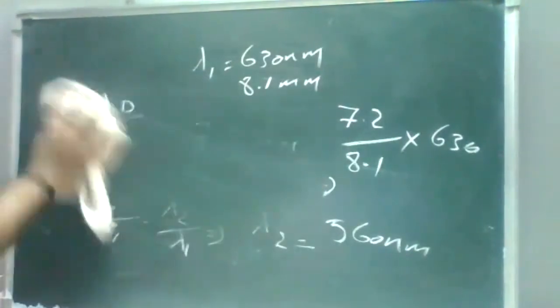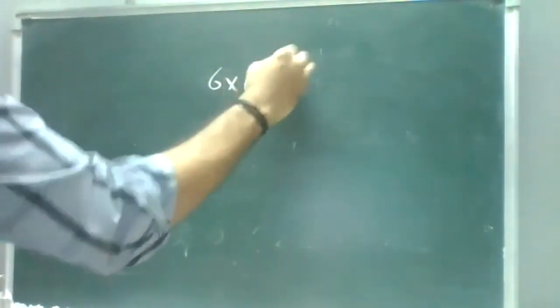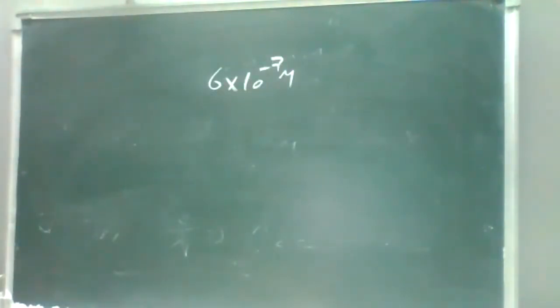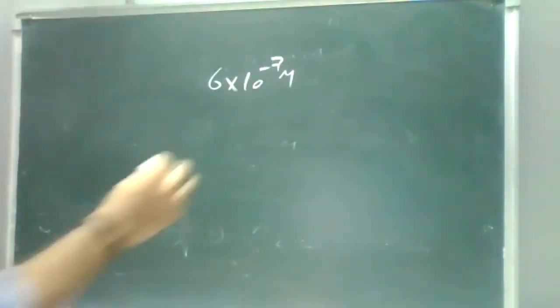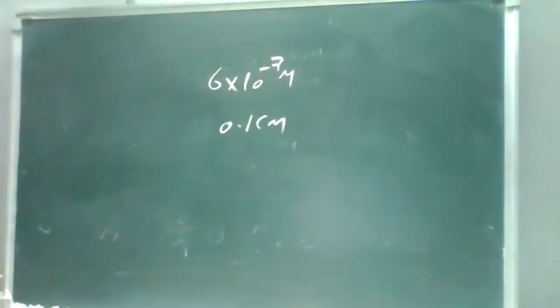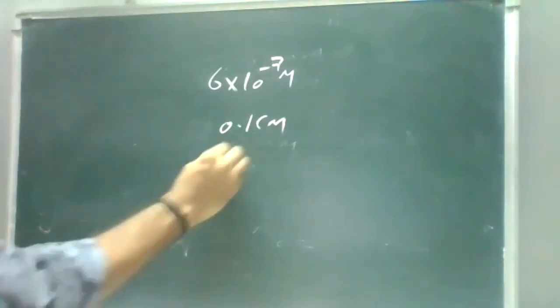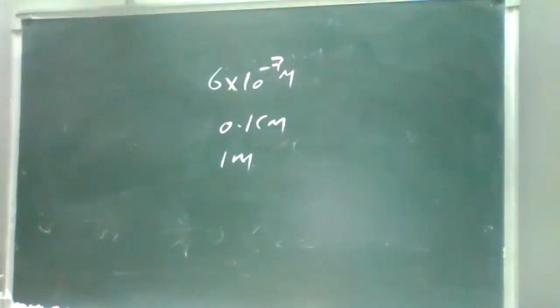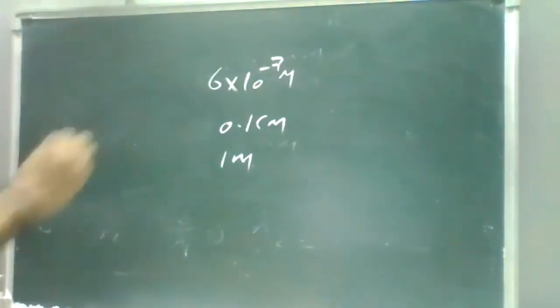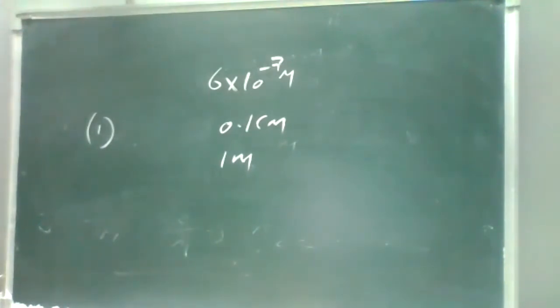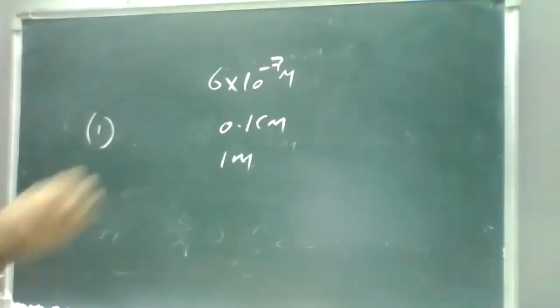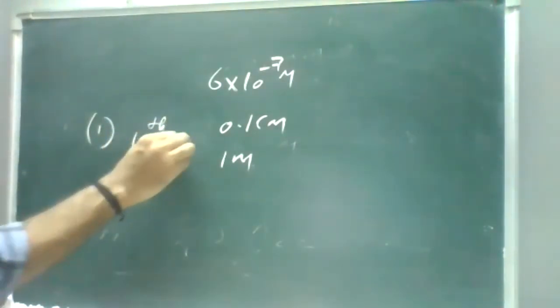The slits are 0.1 centimeters apart, and the screen is placed 1 meter away. Calculate the angular position of the 10th maximum in radian.